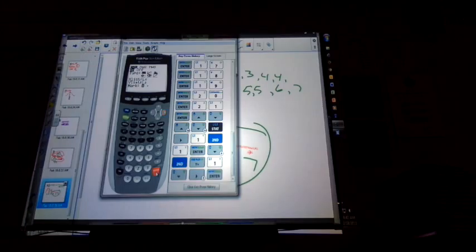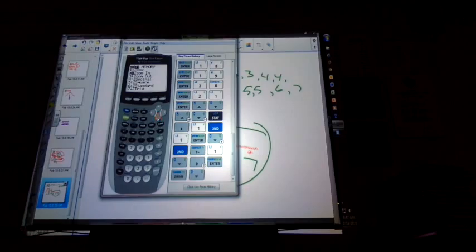So once you get over to histogram, you hit enter. Whichever list you're on, you want it. So if you're on list 2, make sure that says list 2. And then frequency. Once you're done with that, hit zoom. And then find zoom stat. Zoom stat is number 9 on mine.